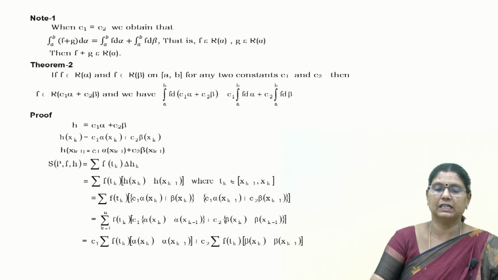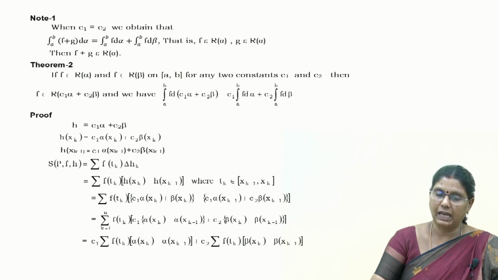Again here, let us consider h as C1 alpha plus C2 beta, and by proving the above, similarly here we consider S(P, f, h), which can be written as the summation of f of t_k times delta h_k. That is, the summation of f of t_k times, instead of delta h_k, we can write h of x_k minus h of x_{k-1}, and t_k is an interior point in the kth subinterval.